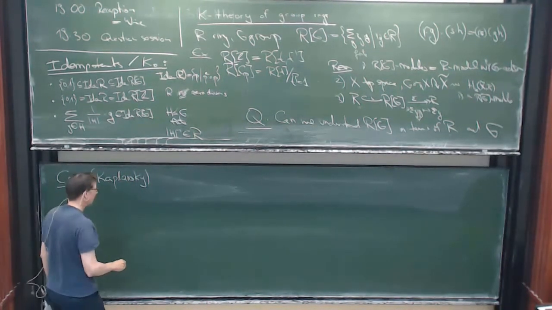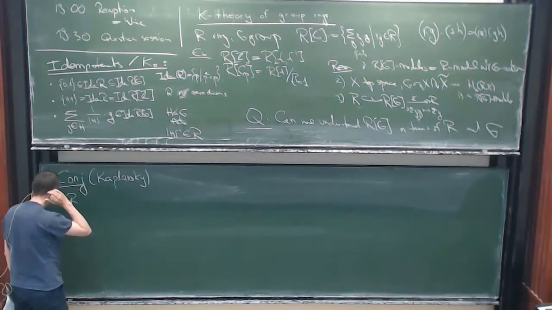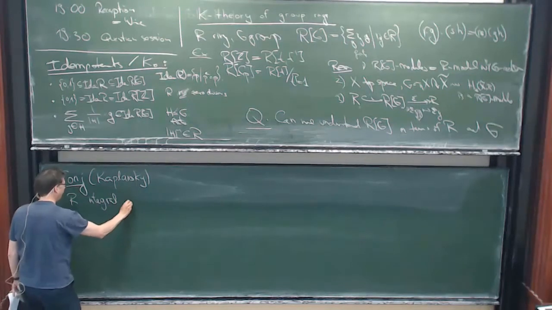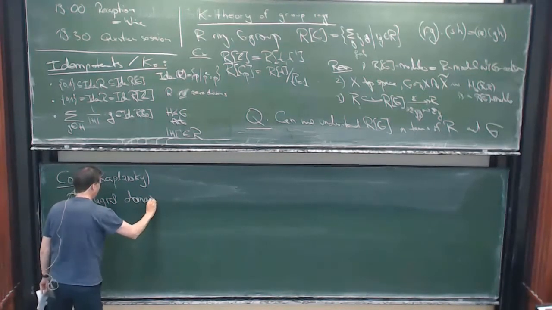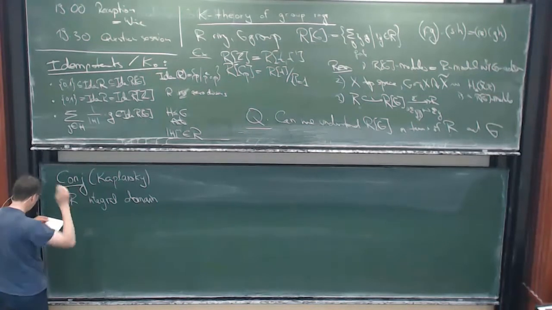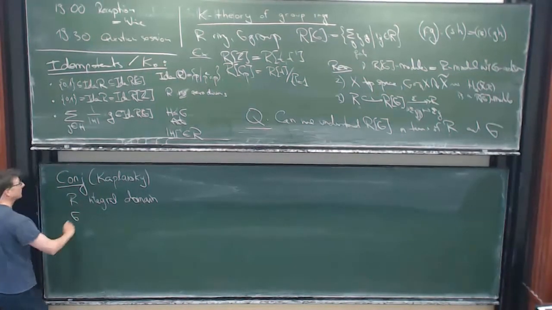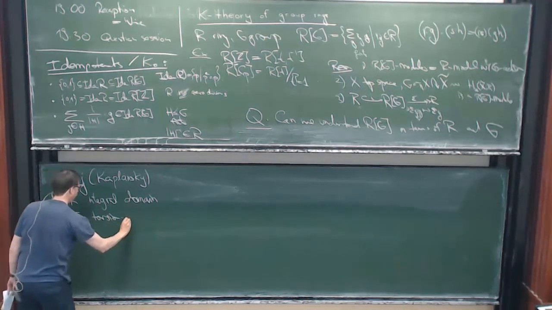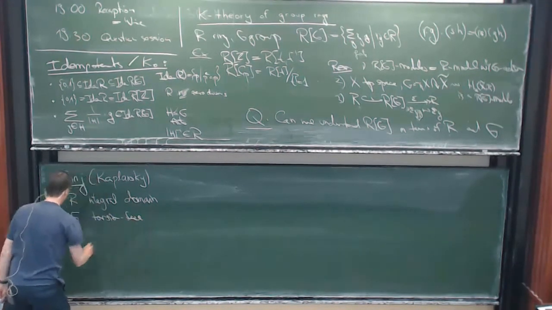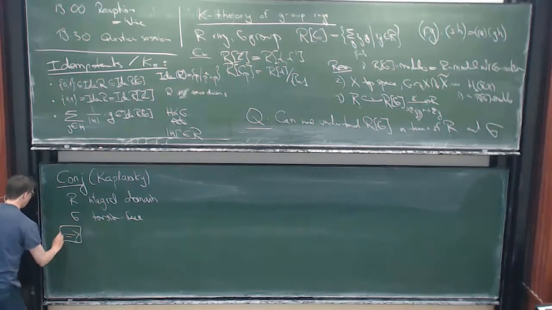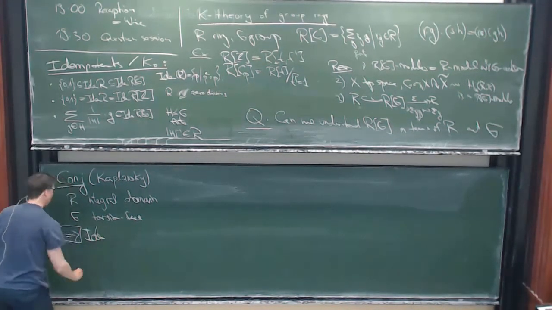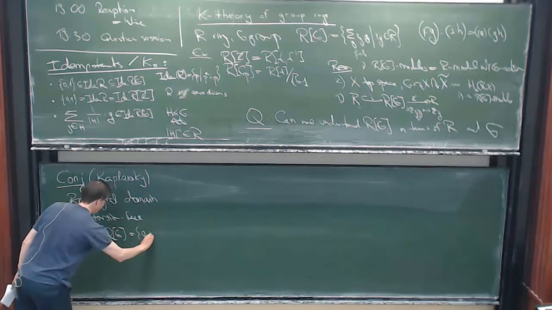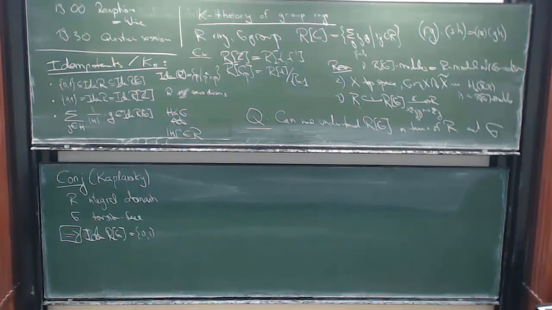He said if R has no zero divisors, so let's say R is an integral domain, and G, in order to avoid this example, is torsion free, then conjecturally all idempotents in the group ring are trivial. It's only 0 and 1.